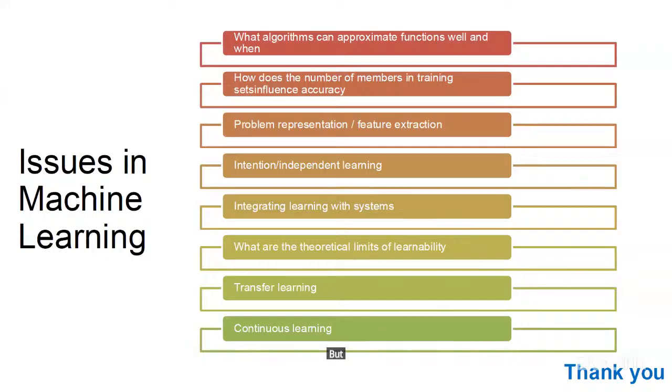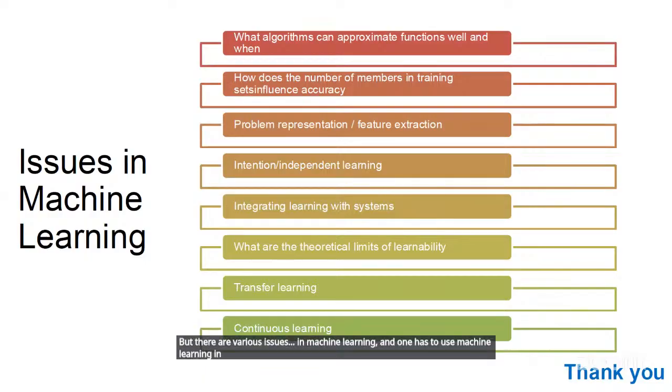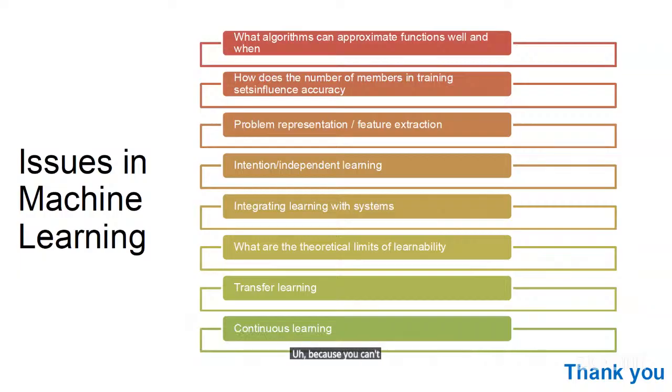But there are various issues in machine learning, and one has to use machine learning in a discreet and careful way, because you can't use it as a black box.